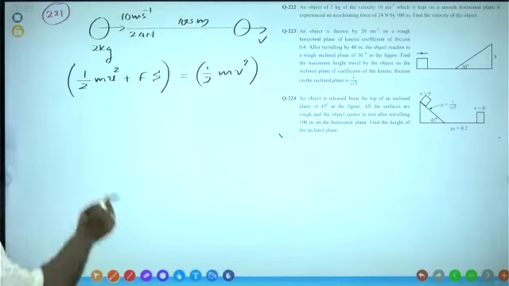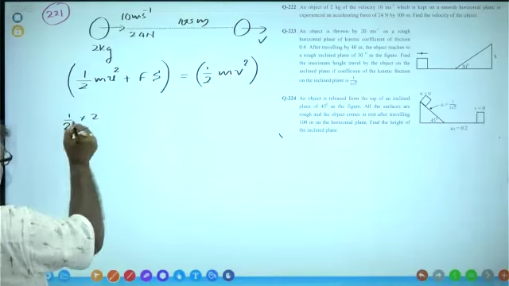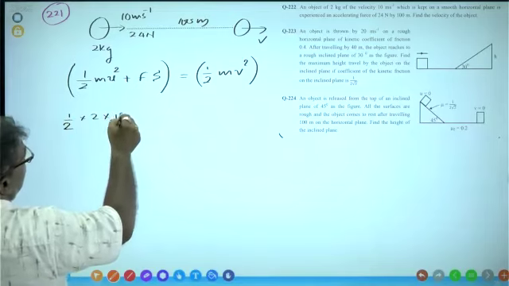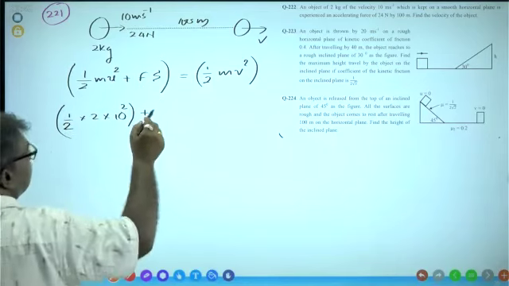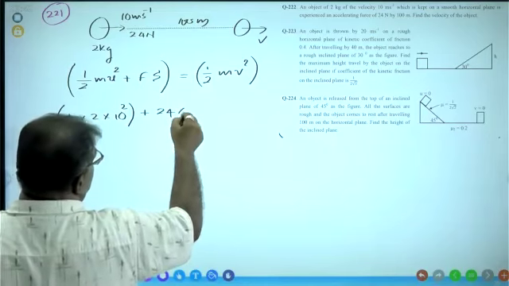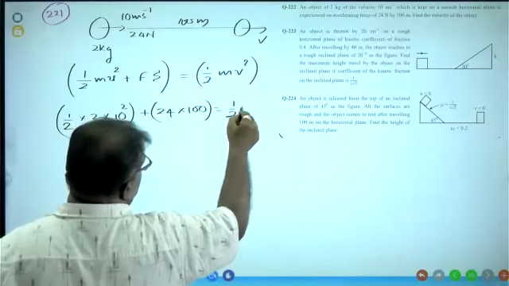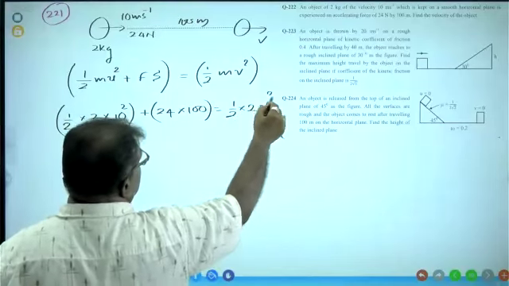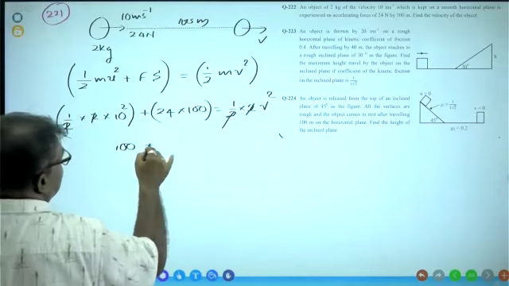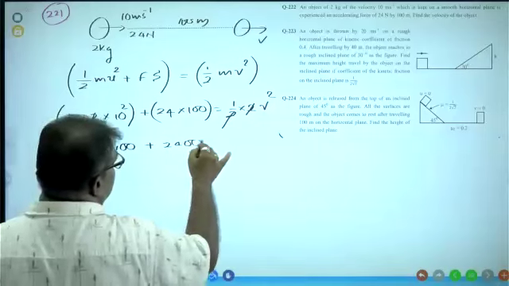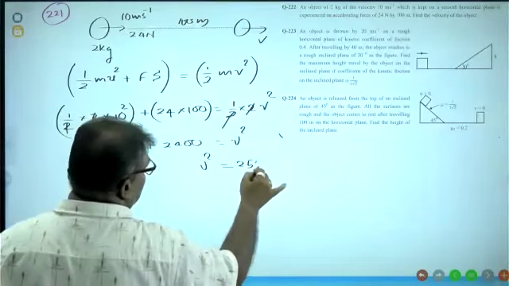Quickly as possible. Half m, with m as 2, velocity 10 squared, plus Fs, 24 into 100, equals half into mass 2, velocity v squared. Cancel: 100 plus 2400 is v squared. V squared is 2500.